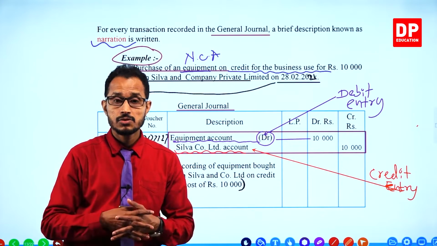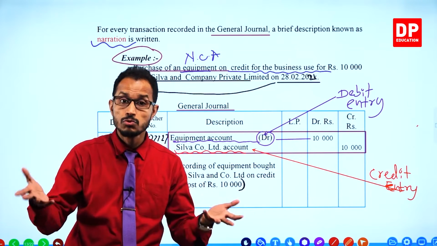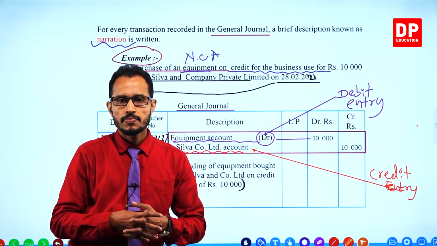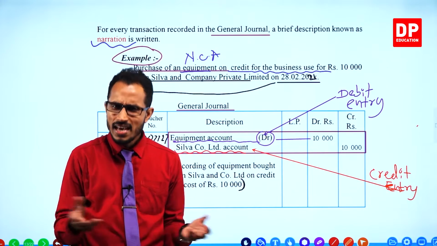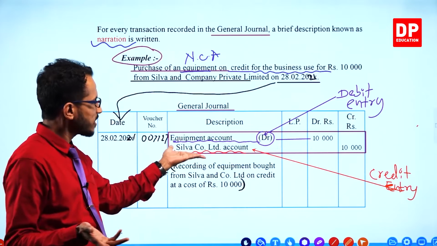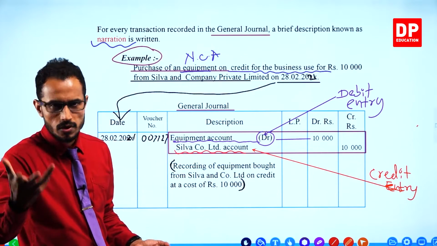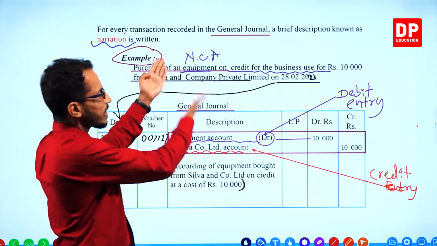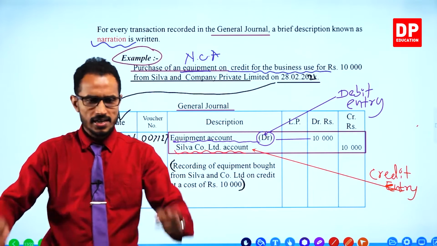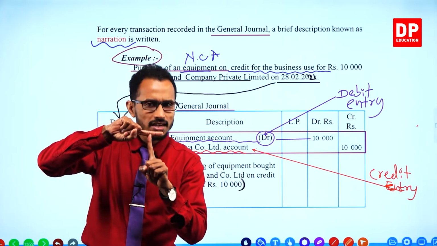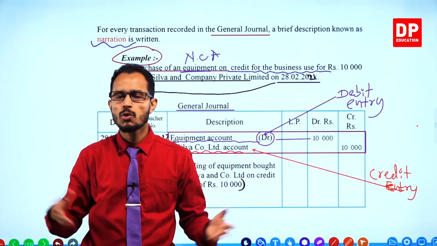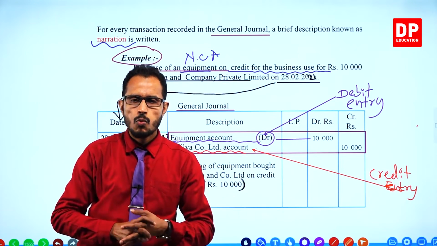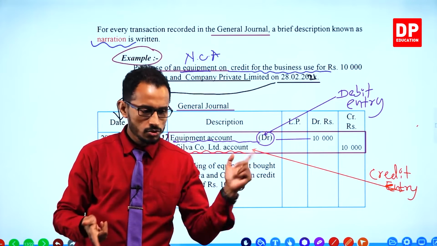State the reasons or importances or the use. That is why you must have a clear idea. Tell me why these are needed. Why can't we record the transaction directly in the ledgers, the ledger accounts, the T accounts as we call them? Why can't we record directly in the ledger accounts?